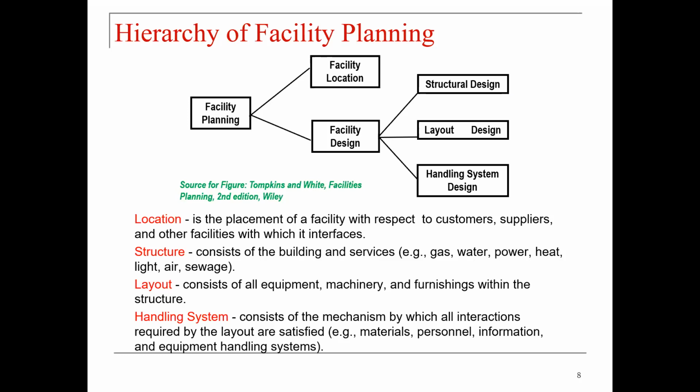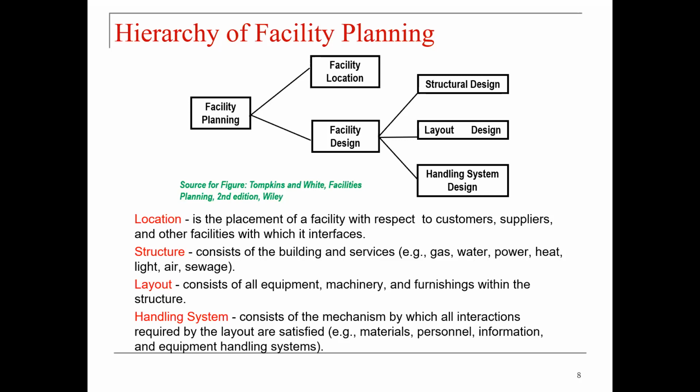So for the location, the expectation here is the placement of the facility with respect to customers, suppliers, and other facilities with which it interfaces. The structure consists of the building and services. We are going to talk about some of them as part of this course, for example, the requirements in terms of heat, cooling systems, and so on.